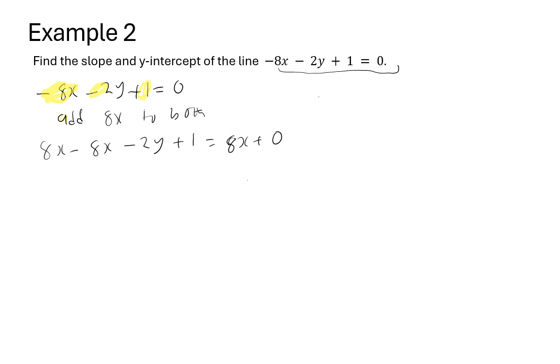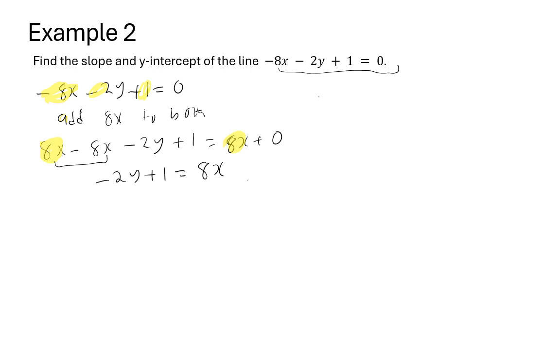This 8x is what we add to the equation. Then 8x minus 8x will give us 0. So we'll just have minus 2y plus 1 equals 8x. And we want to find y.